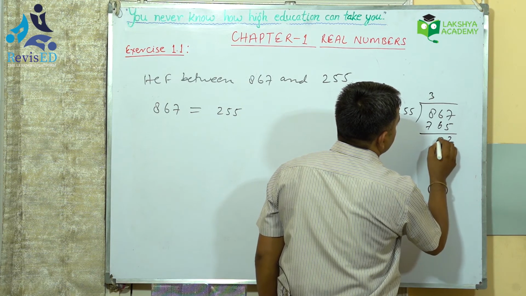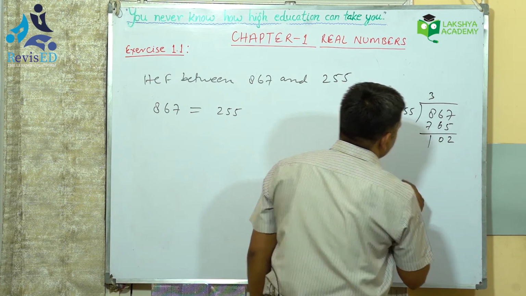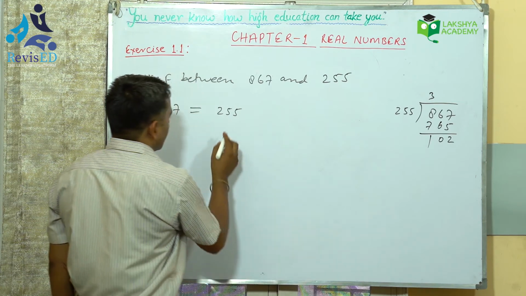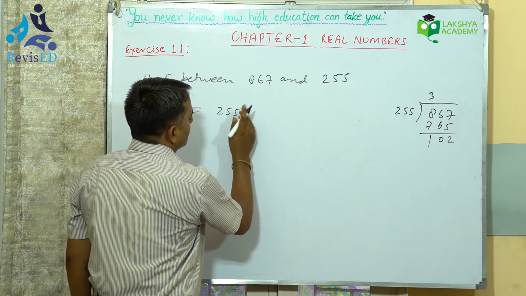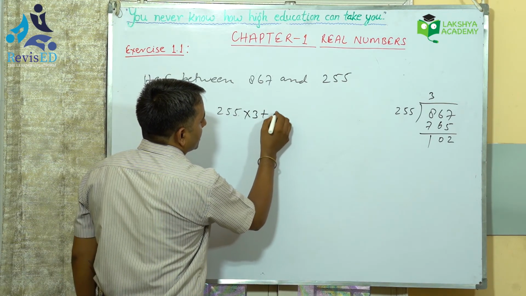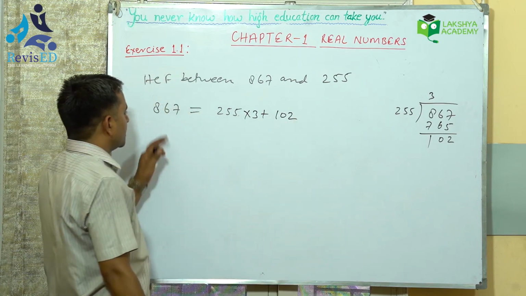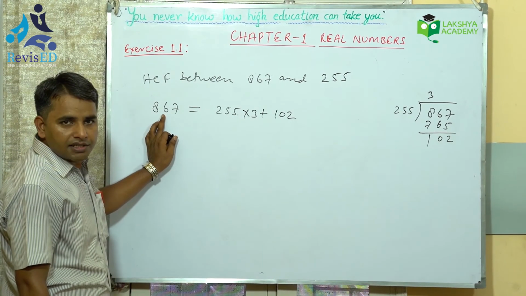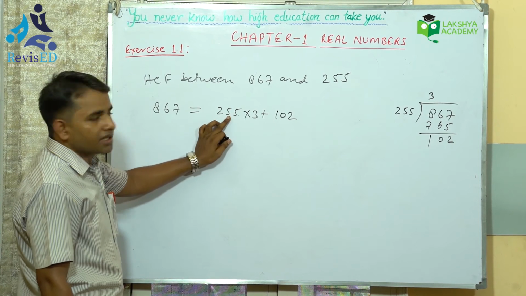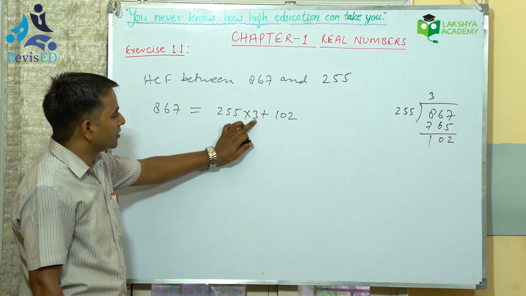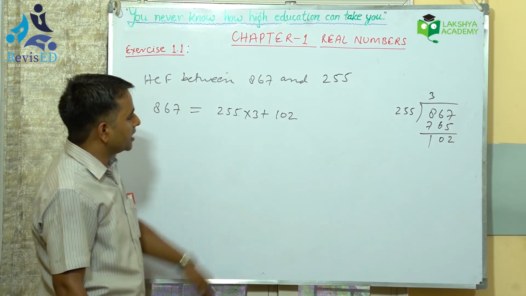The remainder is 102. So we can write it: 867 equals 255 into 3 plus 102. Here the dividend is 867, divisor is 255, quotient is 3 and remainder is 102.